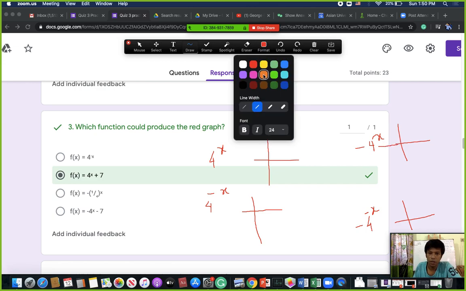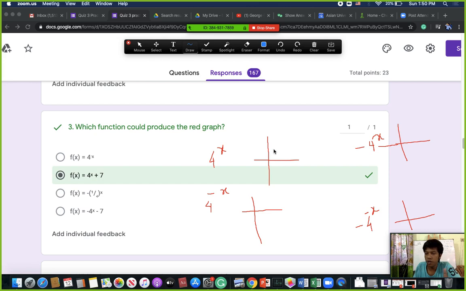Let me take another color. You can plot all the values and find out the answers, but I'm just showing. I'm drawing the graph freehand. 4 to the power x graph is this one. And this graph is like this, because of y-axis reflection, because of this minus, and because of this minus before the function there is x-axis reflection.